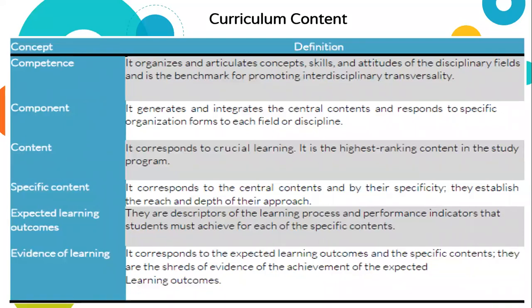The curriculum content is divided as competence, component, content, specific content, expected learning outcomes, and the evidence of learning. Each one has its own definition, and it has to be accomplished by teachers during the semester.